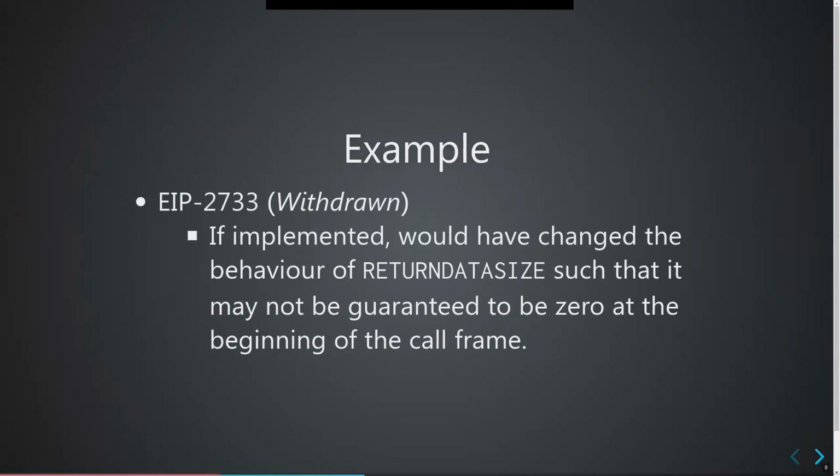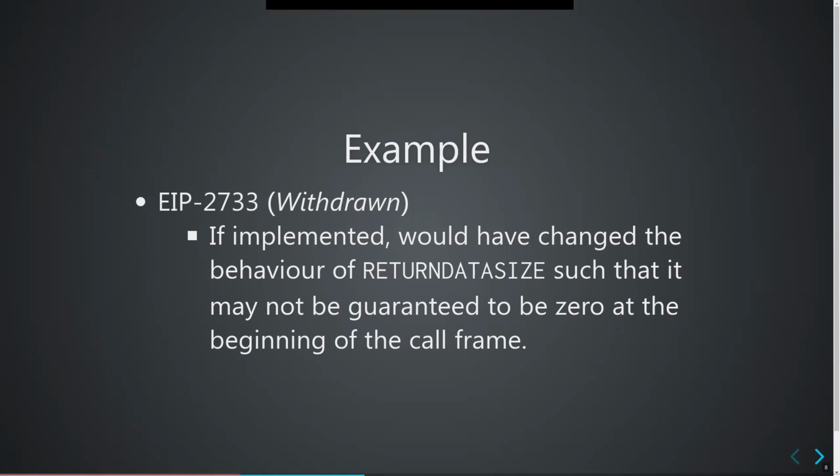One example of this is EIP-3733, which, if implemented, would have changed the behavior of returndatasize in a way that it is no longer ensured that this will return the 0 value at the beginning of the call.